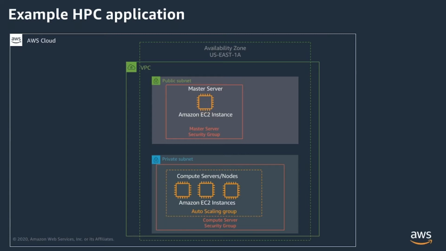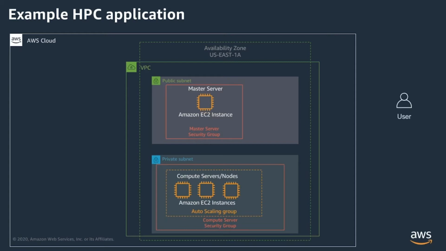In the public subnet, I have a master server running, and this is the master server which needs access for me to SSH into it and submit my jobs, and hence I've put it in a public subnet. Then in the private subnet, I have a cluster of compute server nodes running, and they communicate with my master server. They don't have any requirement for me to connect directly to these compute servers. Hence, I place them in my private subnet.